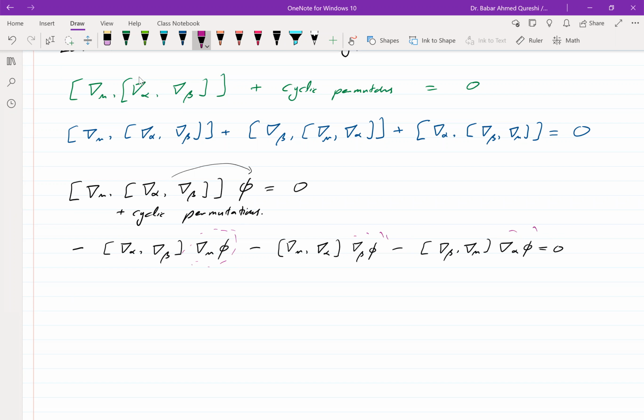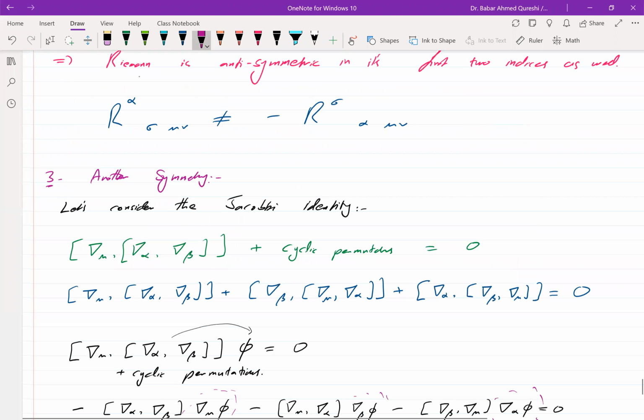It's just a gradient. So I can act with my commutator. I know how the commutator acts on this. So I get rho mu, the one-form index.